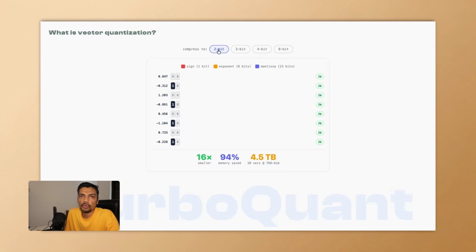Now imagine you are running an LLM with a 100,000 token context window. Each token generates a key vector and a value vector at every layer.